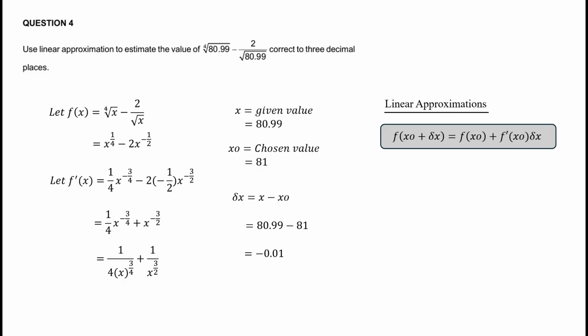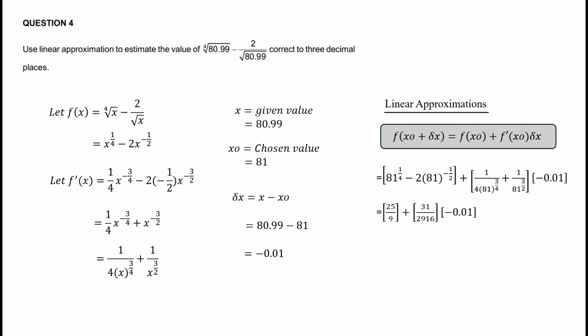So we put our values to the equation. So we got this, and then we settle the bracket first, and we got this, and then the final answer is 2.778. So we got the answer.